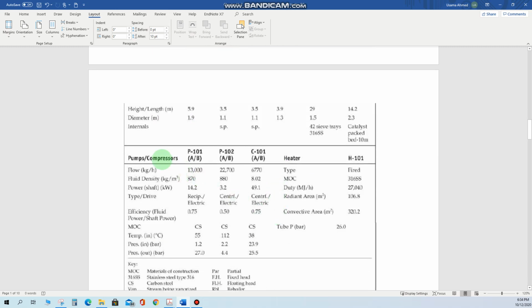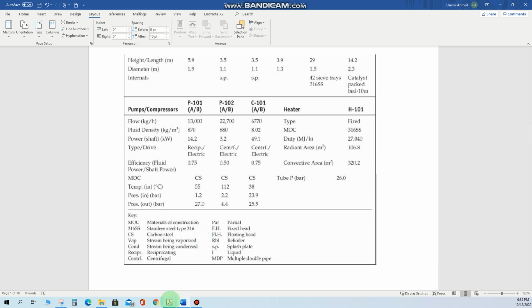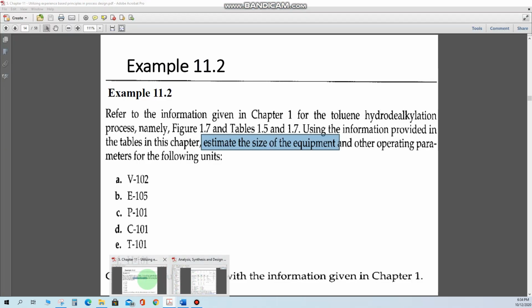And for compressors and pumps, we have information in terms of flow rate, density, and the other requirements that we need in the process. Okay, so we will use these two tables and one figure, and apart from this we will use some of the heuristics which are present in this example.